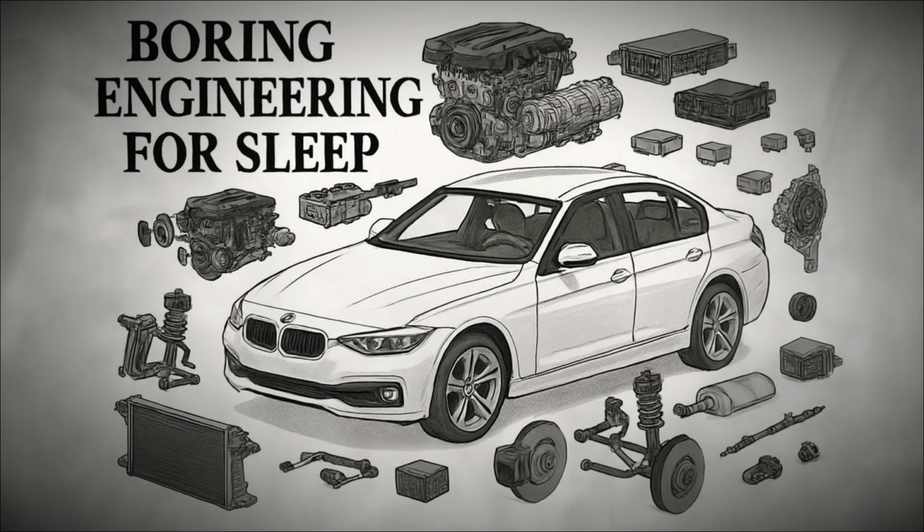Crash structures are the third major element, and they are built into the design of the car itself. The passenger cell, or safety cage, is a rigid structure made of high-strength steel designed to remain intact during a crash, maintaining survival space for occupants.